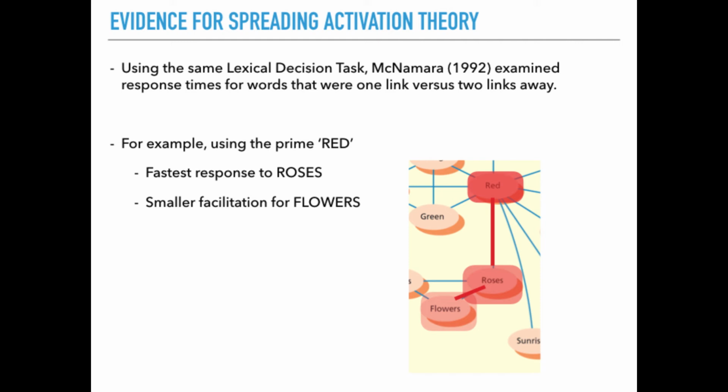For example, if you use the prime red and then you give target words that are much more closely semantically related, such as roses, this leads to faster facilitation or faster response time, whereas you get a smaller facilitation for the concept of flower. There's still some facilitation effect, it's just not as strong as it is for words that are more closely related.